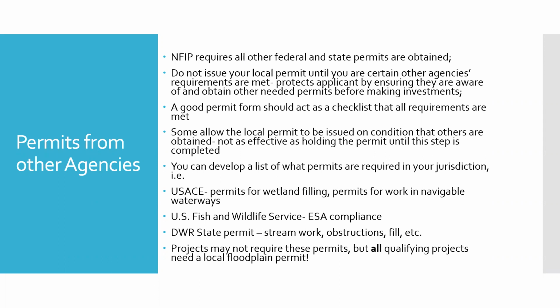So a list of what other permits might be required in your jurisdiction: having a list on your permit form that talks about the other types of permits from the other departments in your jurisdiction that might be required for certain projects.